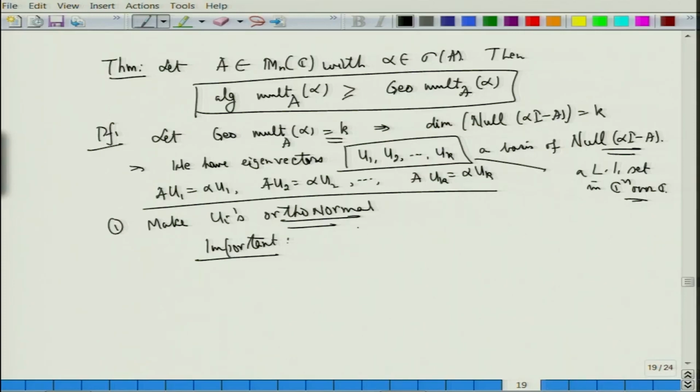If u1 and u2 are eigenvectors, then their linear combination is also an eigenvector.